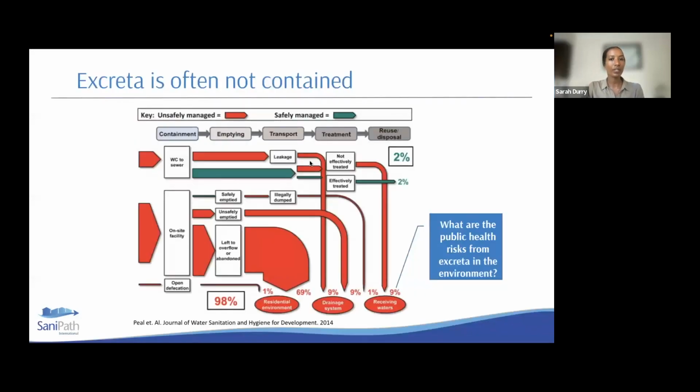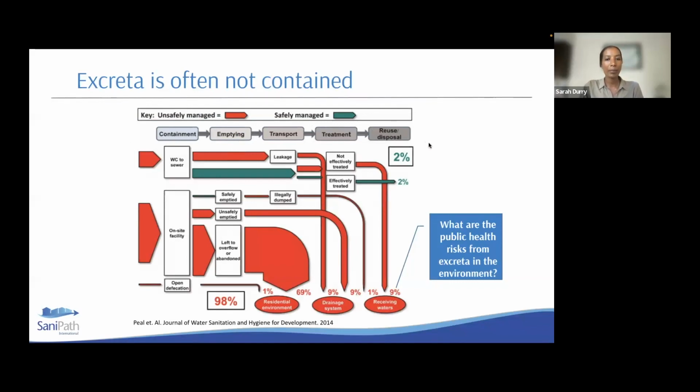To start off, it's important to think about excreta and how individuals are exposed to it. First, we know that excreta is not often contained. Many of you have probably seen this type of shit flow diagram, SFD, that looks at various steps along the sanitation chain from containment, emptying, transport, treatment, and reuse or disposal.